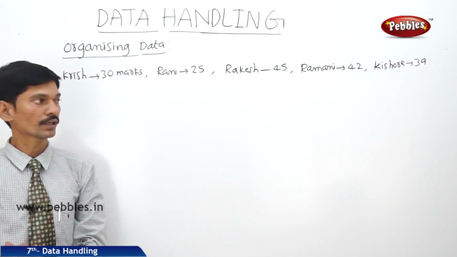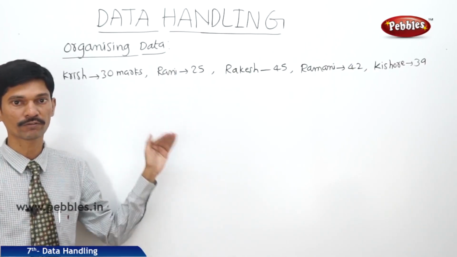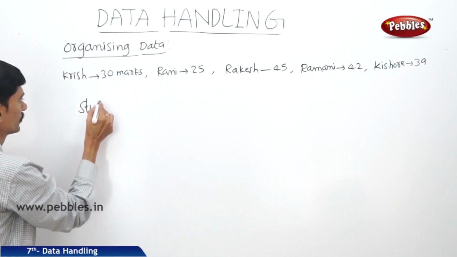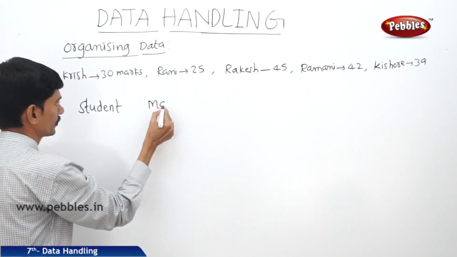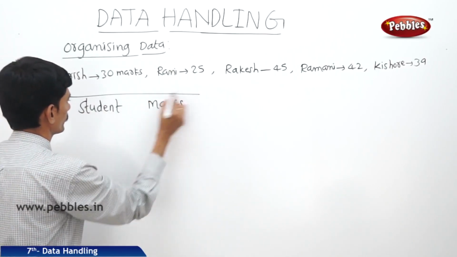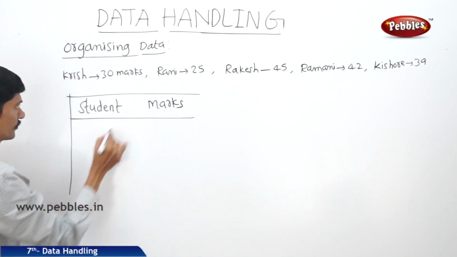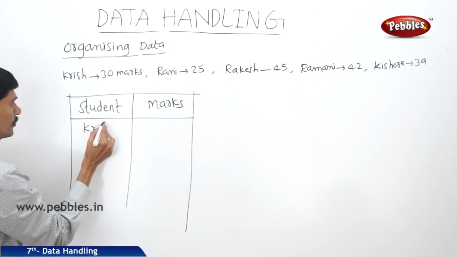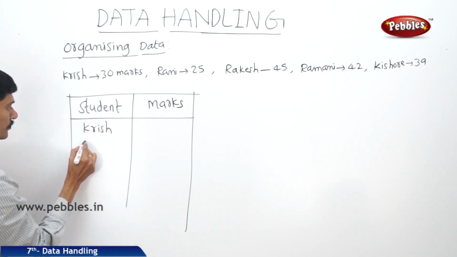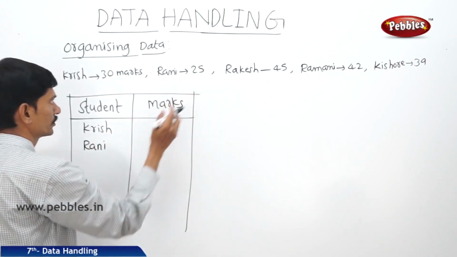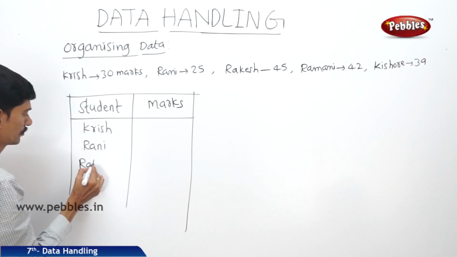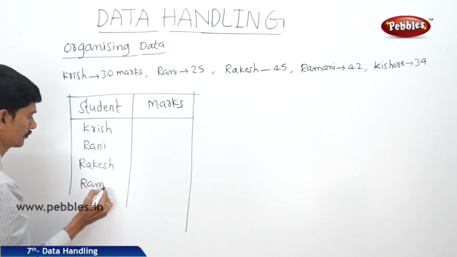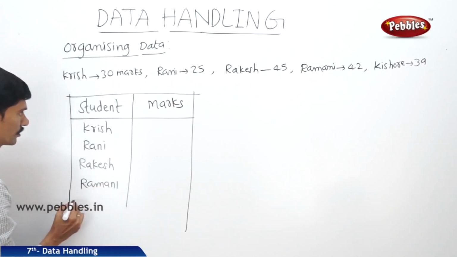Now, the same marks can be represented in another way using tables. Here you will take the student, and here you will take marks. Now, the first student Krish, the second student Rani, and the third student Rakesh. Next Ramani, and next Kishore.